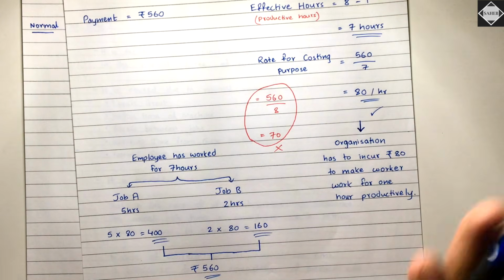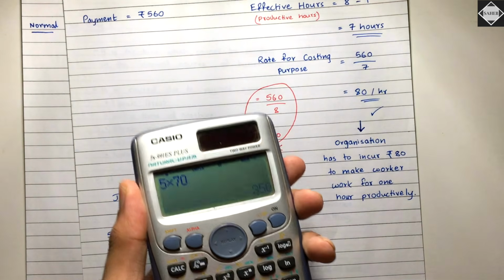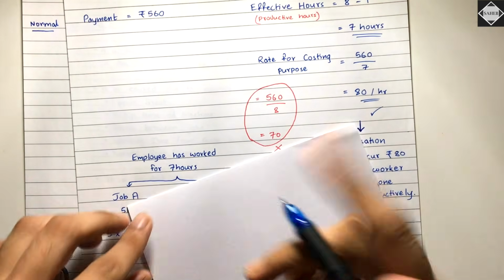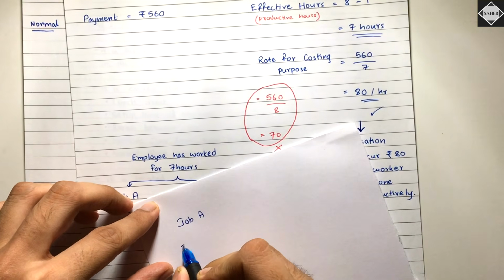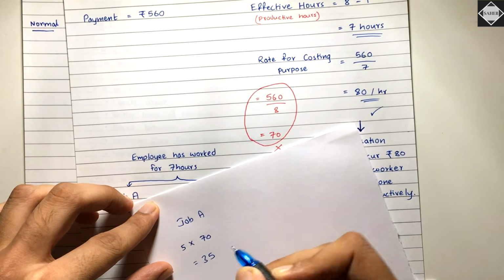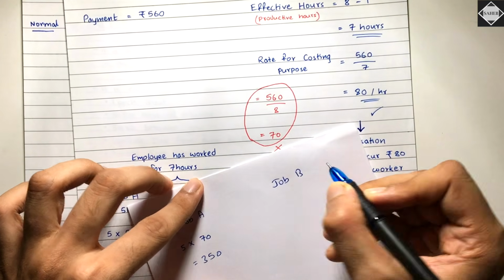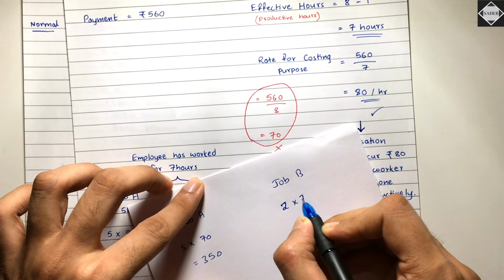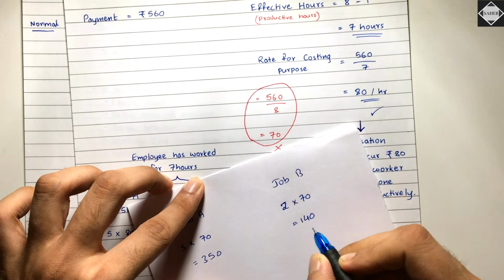You would have to do 5 hours into 70, 350, isn't it? Let me just show you. On job A, 5 into 70 is equal to 350. And on job B, 2 into 70, 2 sevens are 14, so 140.